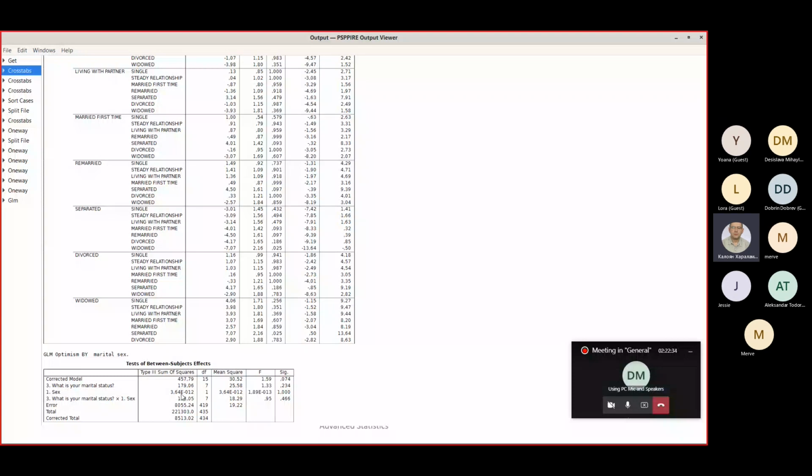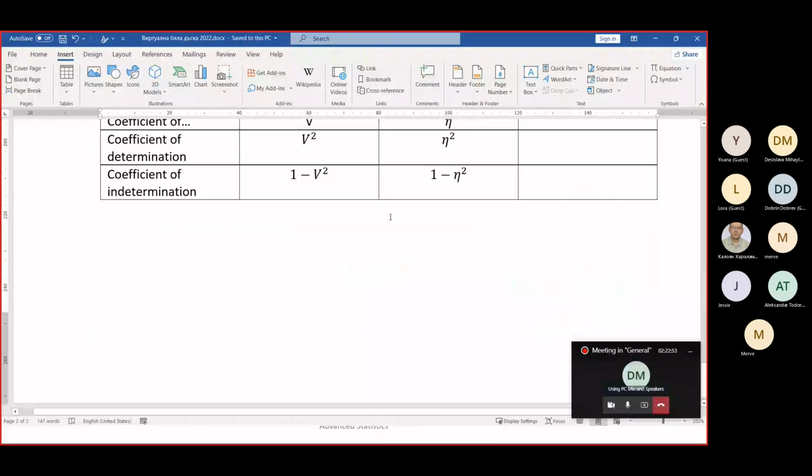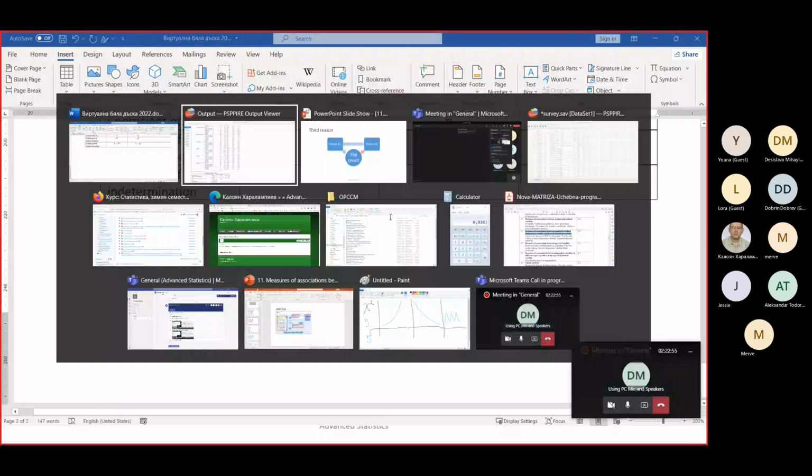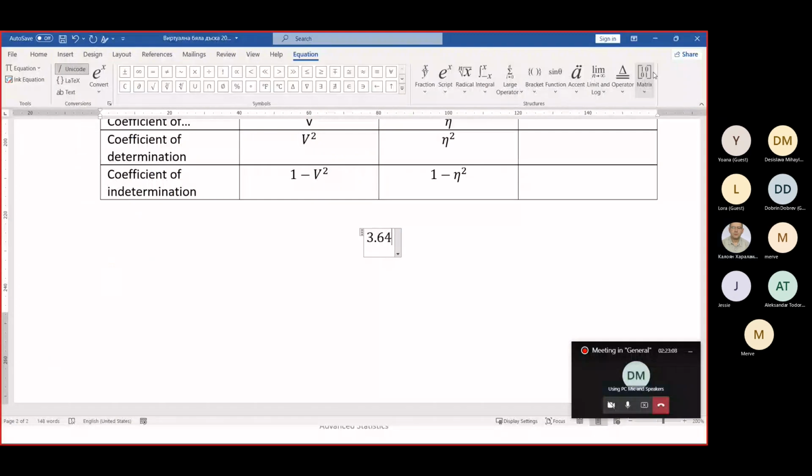That means that this value is 3.64 multiplied by 10 to the power minus 12.